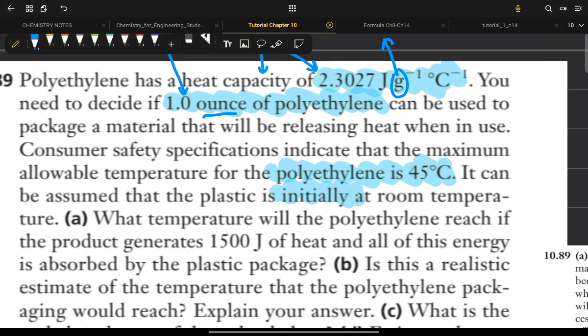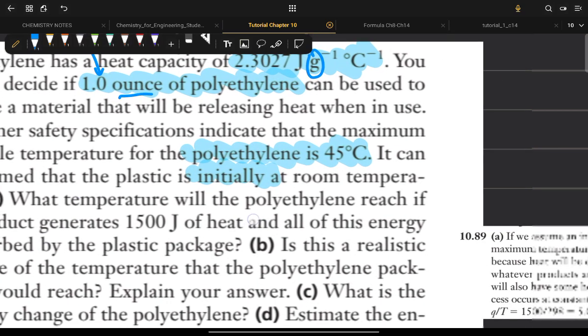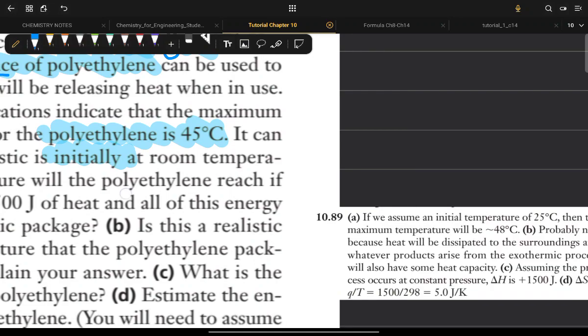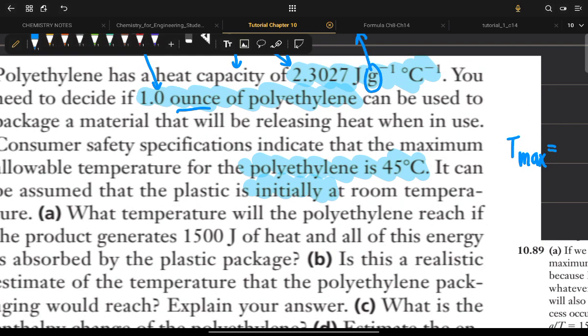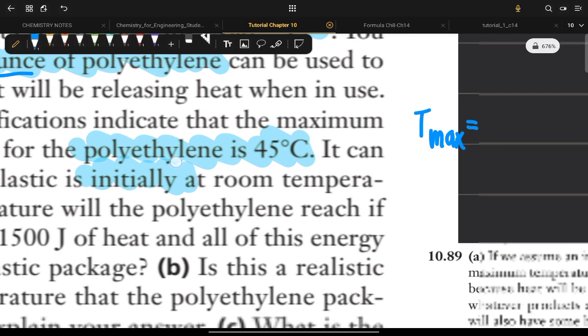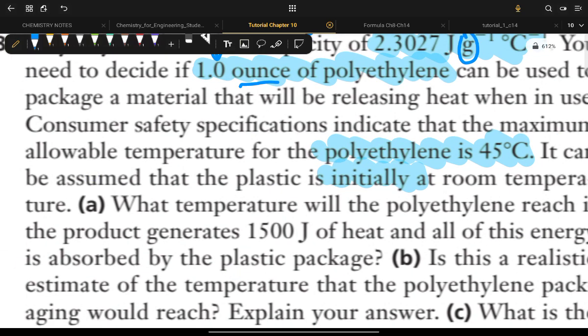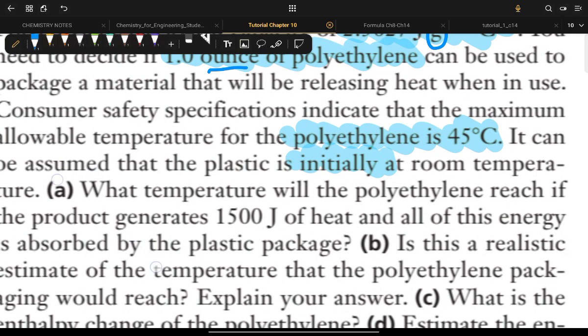Then the consumer safety specification indicates that the maximum allowable temperature for polyethylene is 45 degrees Celsius. It means polyethylene can withstand up to 45 degrees Celsius based on the consumer safety specification.